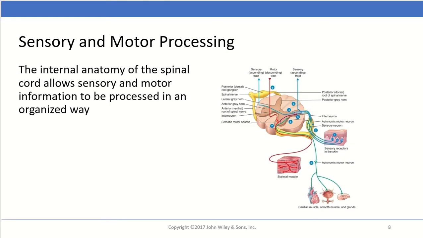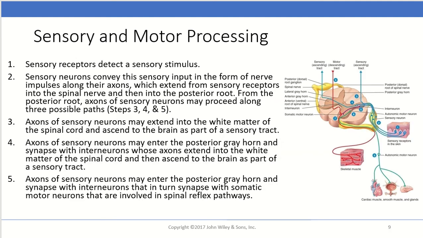So the internal anatomy of the spinal cord is really nicely organized because it allows for sensory and motor information to be processed in a very organized way. And so we're going to take a look at the steps that are involved in that here. So the first thing that has to happen is that sensory receptors are going to detect sensory stimuli.